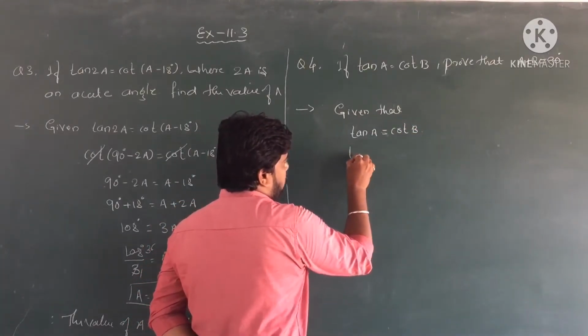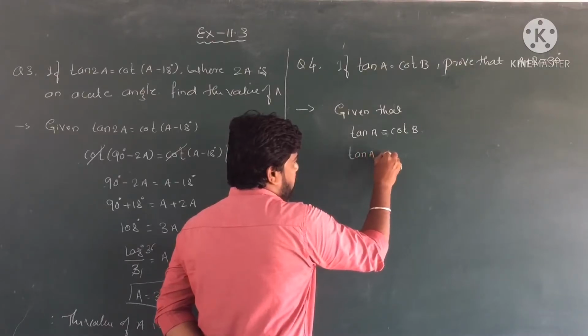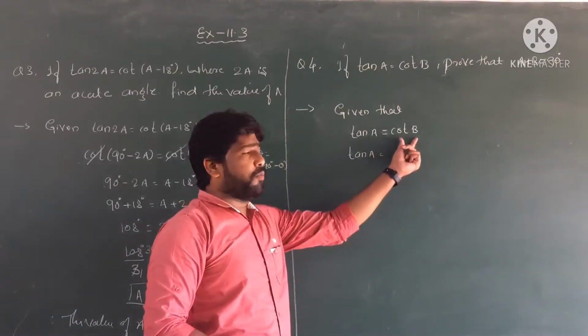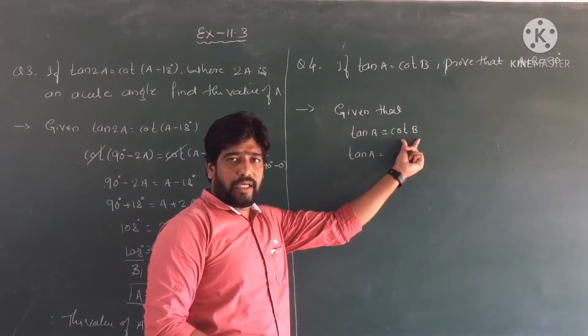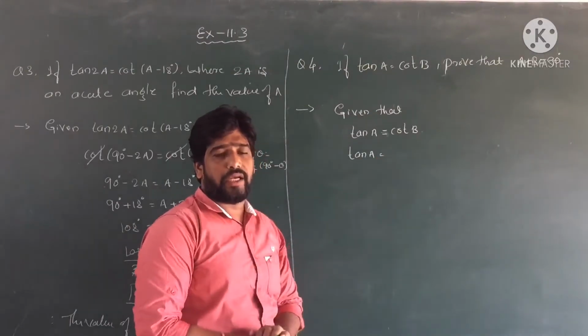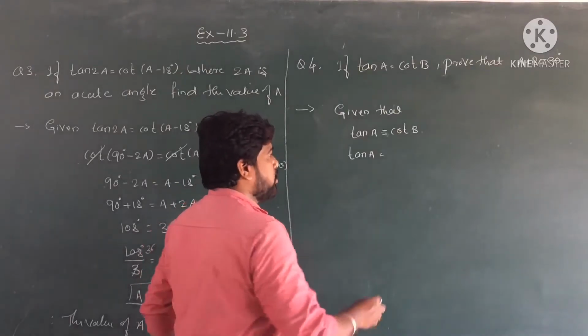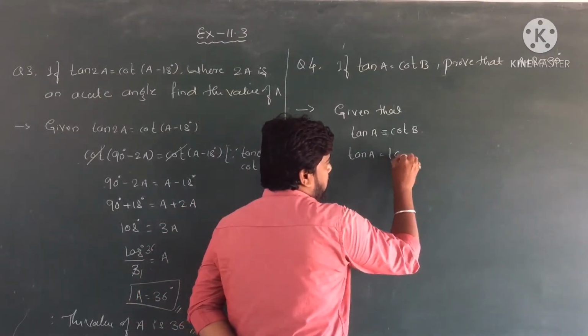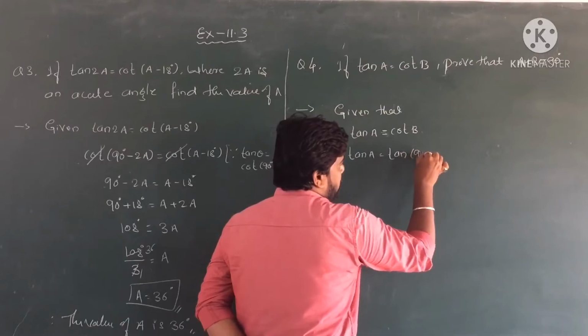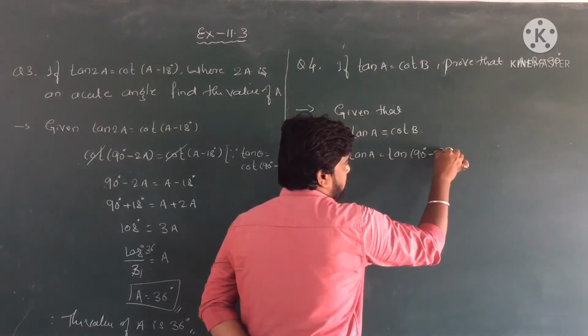So here write tan a as it is, and cot b we can write as tan (90 minus b), because we know that cot theta is equal to tan (90 minus theta).